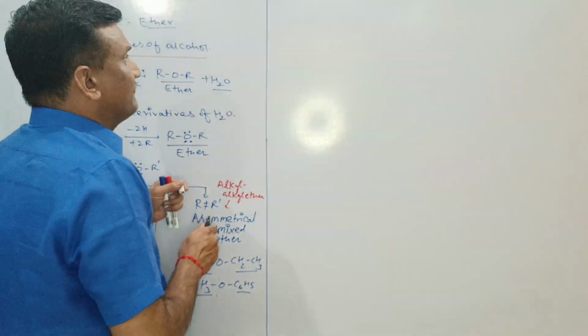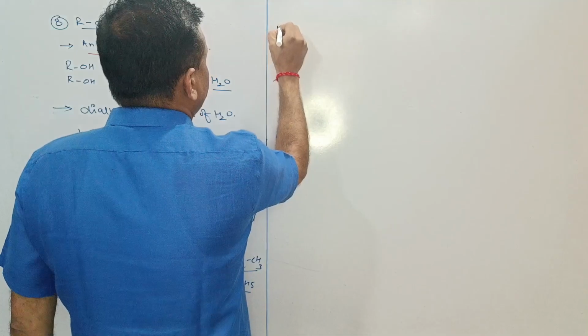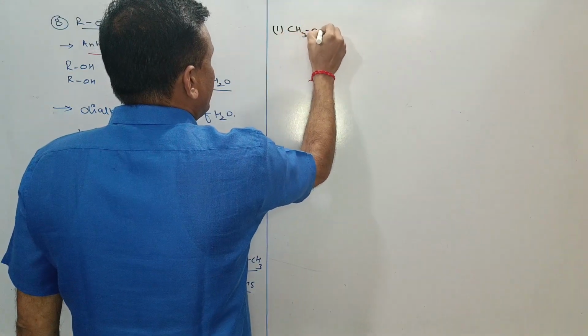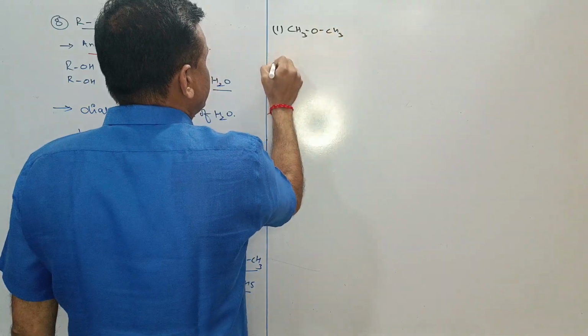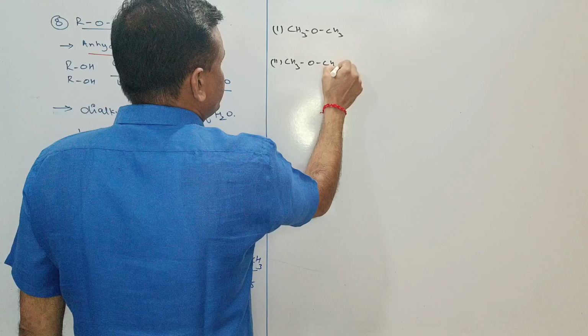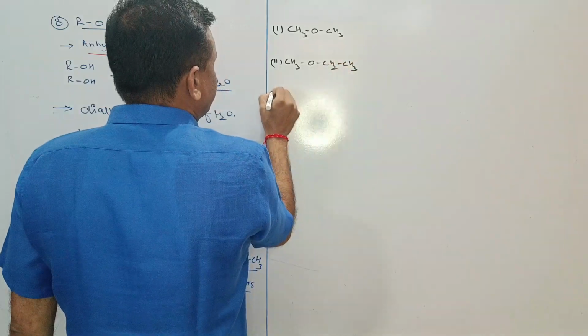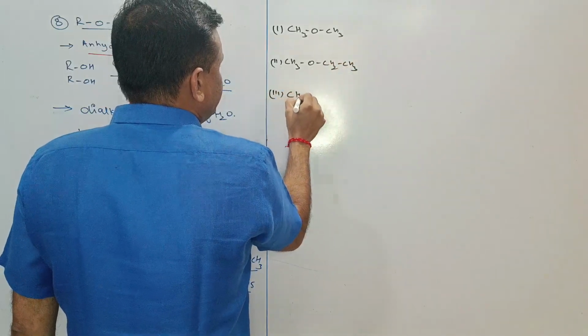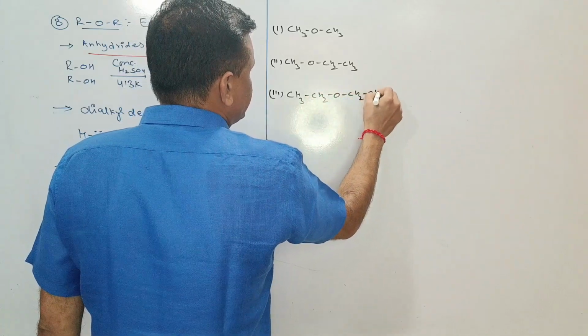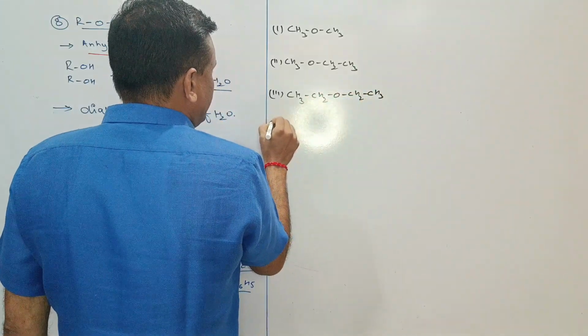First of all, I would like to go with the compounds as follows. This is your CH3OCH3. This is your second compound, CH3OCH2CH3. This is your third compound, CH3CH2OCH2CH3. This is your fourth compound.